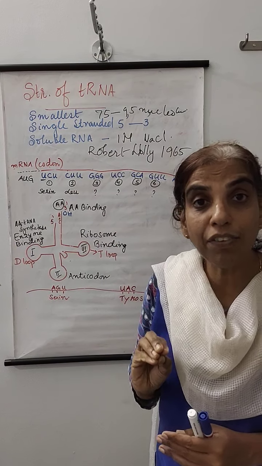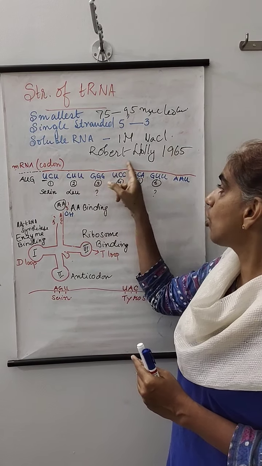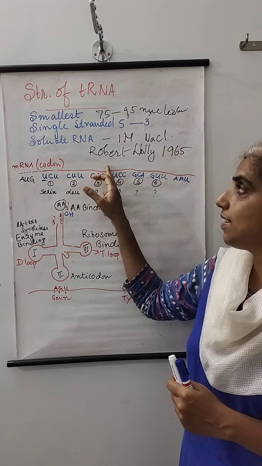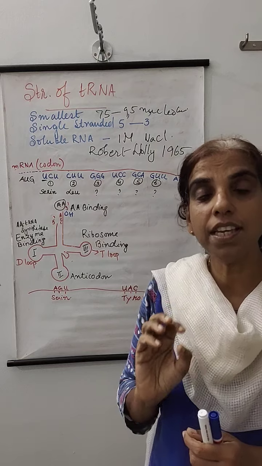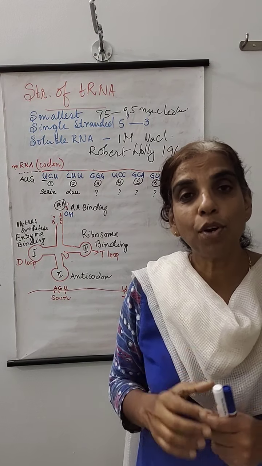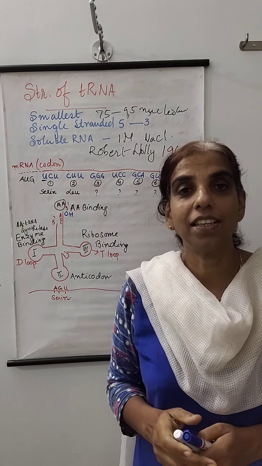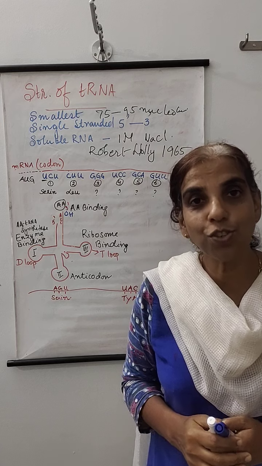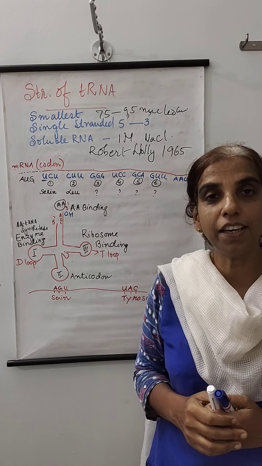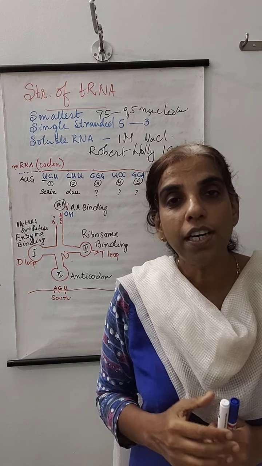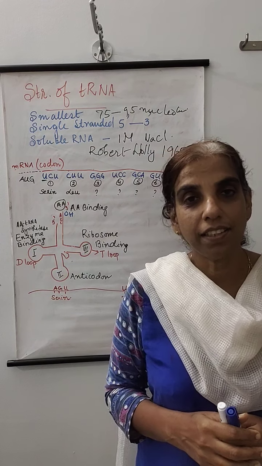This cloverleaf model proposed by Robert Holley in 1965 is highly important for the process of translation. I hope the structure of transfer RNA is clear to you, and this will help you understand the process of translation. Thank you.